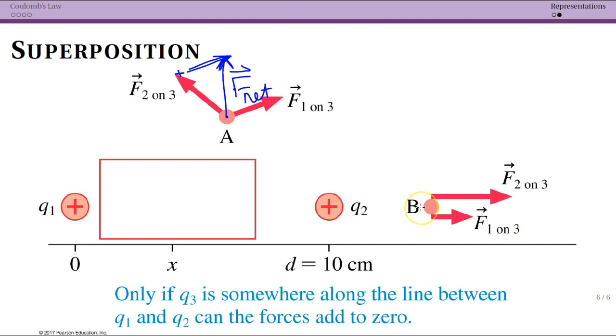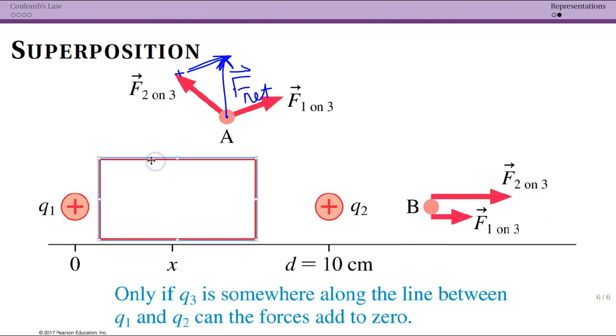Distance matters a lot because it's 1 over r squared in the equation. So if we place our charge outside of these two positive charges, we can't get 0 net force because they're both repelling it. So again, this charge, B, is going to experience an acceleration to the right.